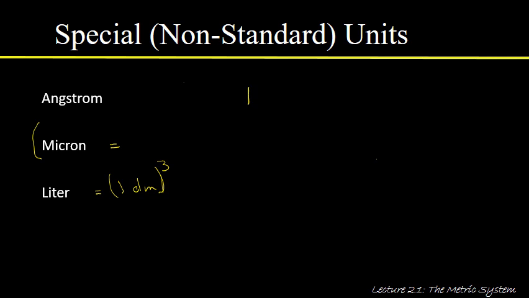All right. So 1 liter is defined as 1 decimeter cubed. And this is 1,000 milliliters.